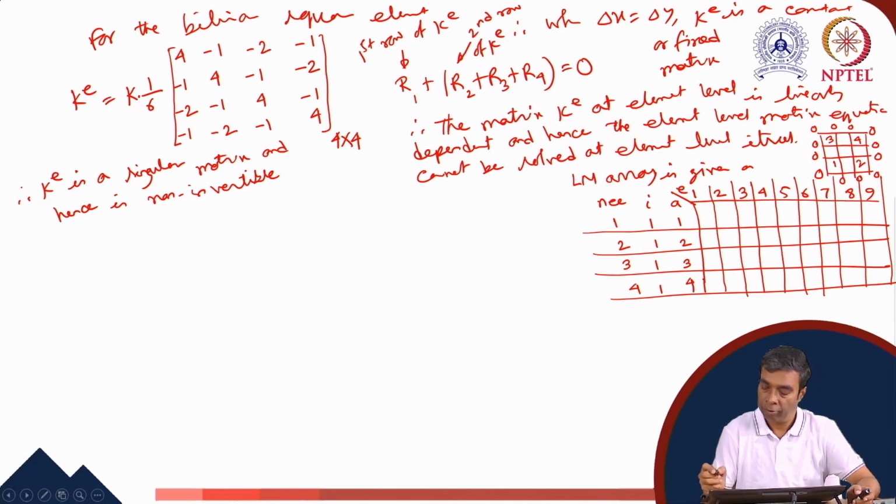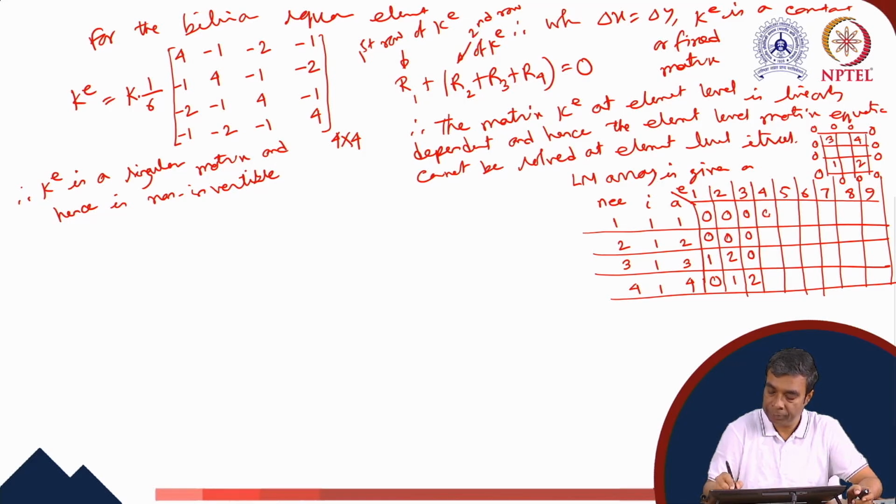So, for the first element, the global equation numbers are 0, 0, 1, 0. For the second element, these are 0, 0, 2, 1. For the third element, these are 0, 0, 0, 2. For the fourth element, this is 0, 1, 3, 0.